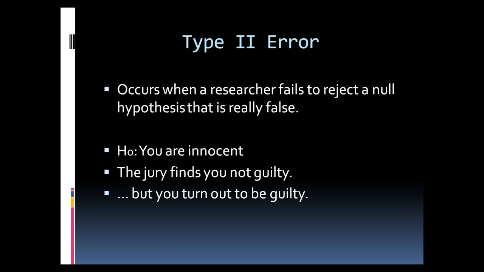The null hypothesis is true, so type 1 error would be rejecting the null hypothesis that you are innocent when it's actually true. And you get sent to jail, and you spend the rest of your life in jail, and it's horrible. So anyway.